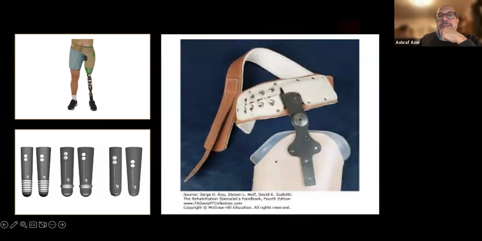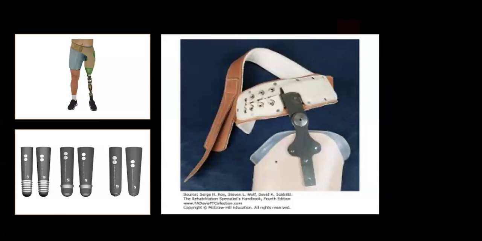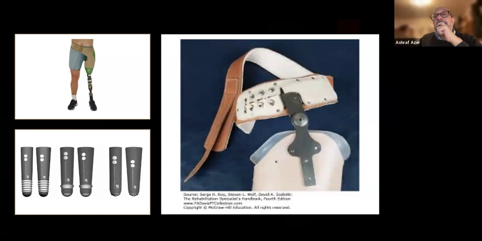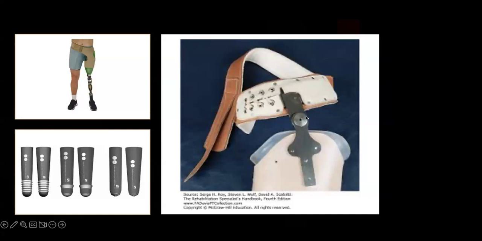If they ask you this question, give it a thought. If there is no suction in the interface, why do we put a hard belt? If he sits on the iliac bone.